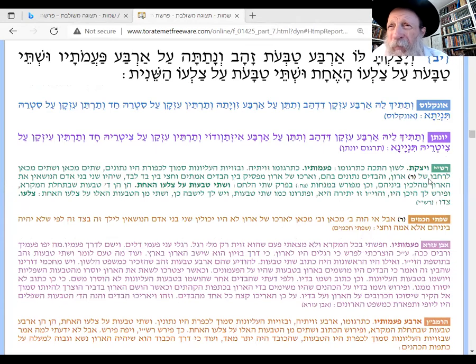And then it says "shtayim mikan, shtayim mikan," on the width of the ark. The 2 poles are also put through these rings, and along the length of the ark, 2.5 amos divides between each one of the poles.